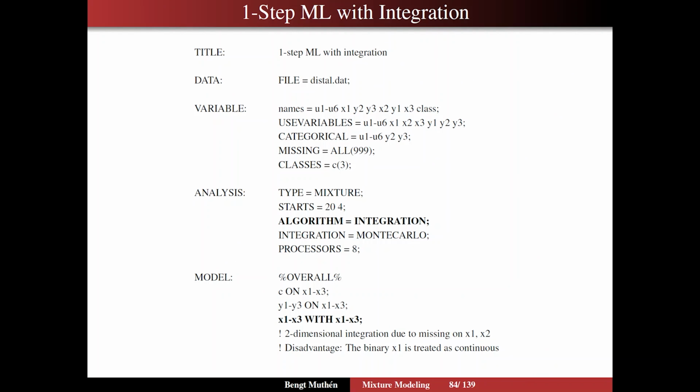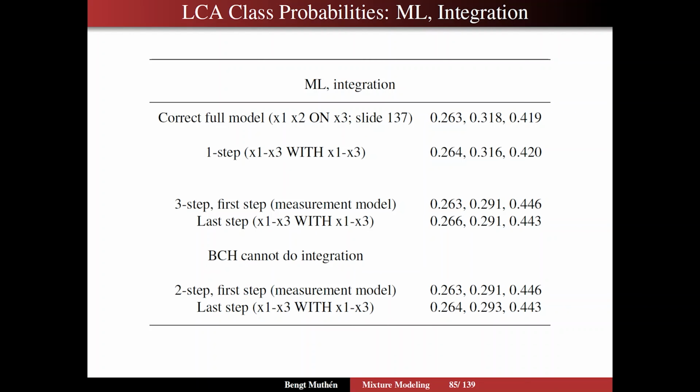One step with the integration is done this way, and it's very familiar to what we've seen before, so I'm not going to talk about it much. We use algorithm equals integration Monte Carlo, and we have x1, x3 with x1, x3, getting two-dimensional integration. On slide 85, we start the comparison of LCA class probabilities across different approaches.